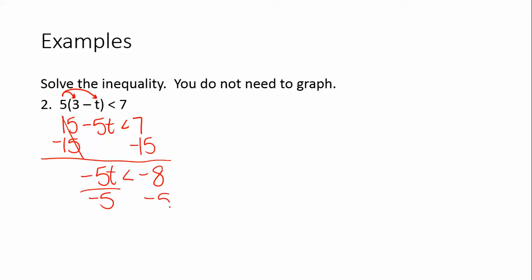Remember, when you divide by a negative, you're automatically going to flip your symbol. So we get t is greater than negative 8 divided by negative 5. It's going to be a positive, so we're going to put 8/5. It doesn't reduce. You could simplify it to a mixed number, or you could leave it improper.